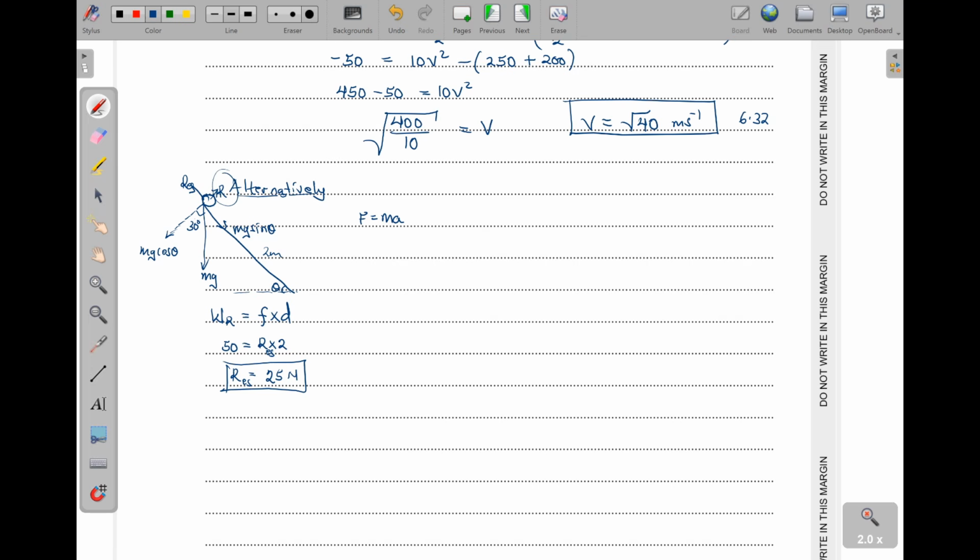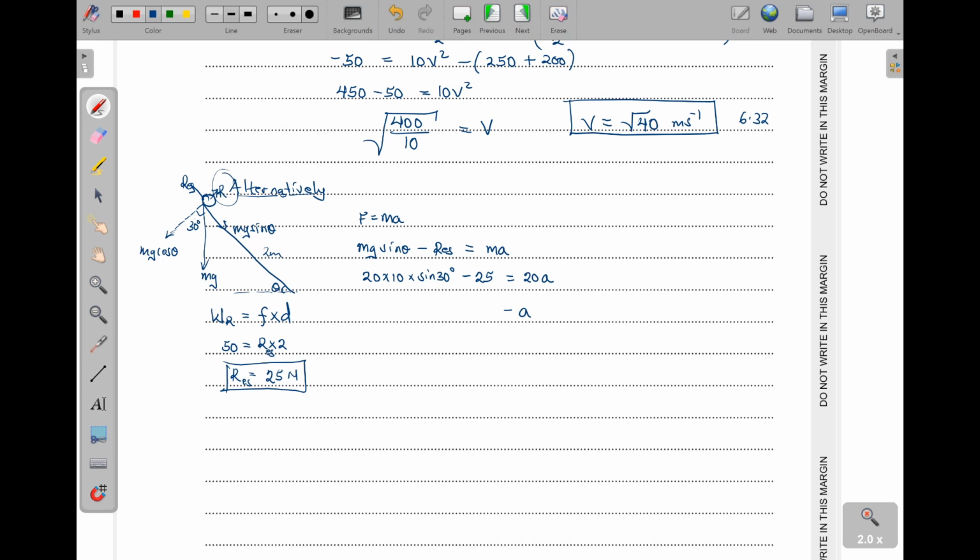Okay, now we are going to have mg sine theta minus the resistance force, and this one is equal to MA. Okay, so what is mg? M is 20, g is 10, then sine of 30, then minus the resistance force, which is 25, is equal to 20A.